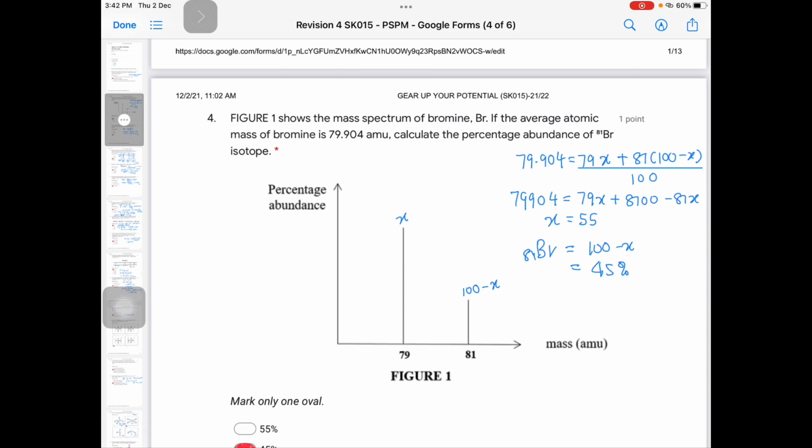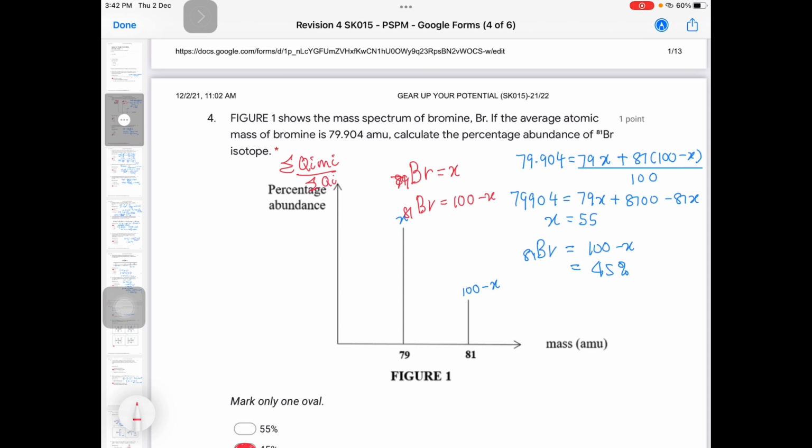Jadi untuk bromine 81 kita assume, kita letakkan dia sebagai X, and then bromine 79 sebagai X, dan bromine 81 sebagai 100 minus X. Okay, alright. So substitute dekat dalam summation QiMi over summation Qi.